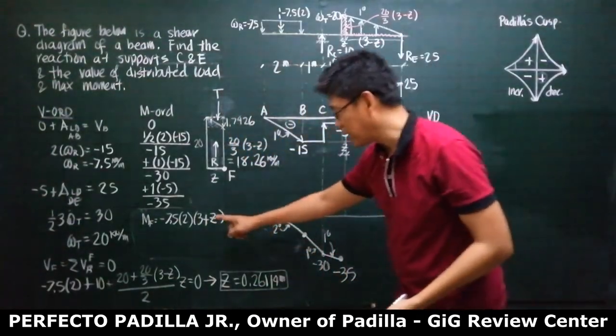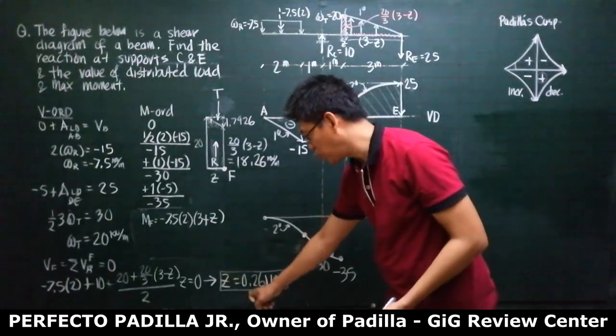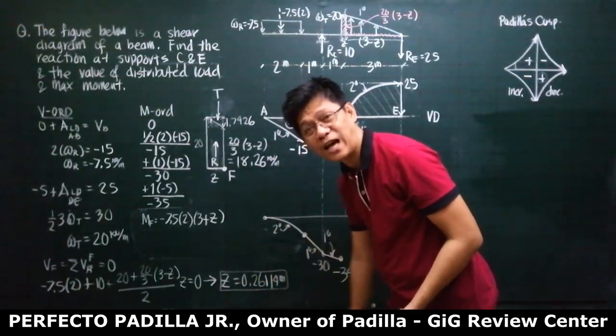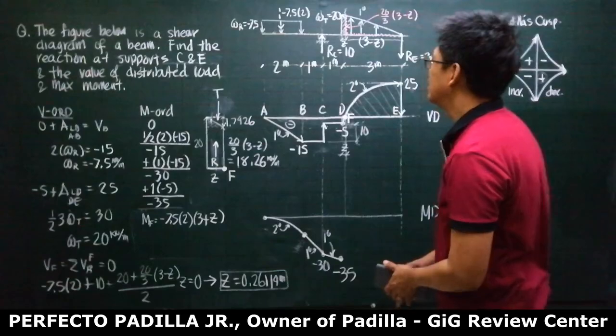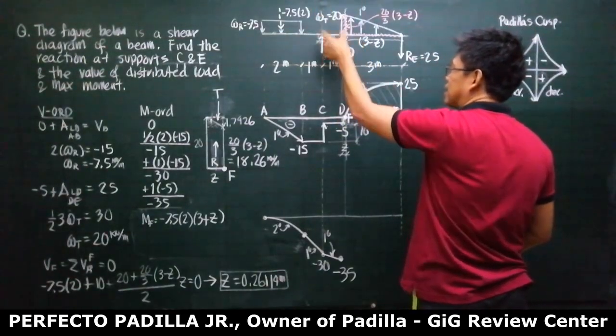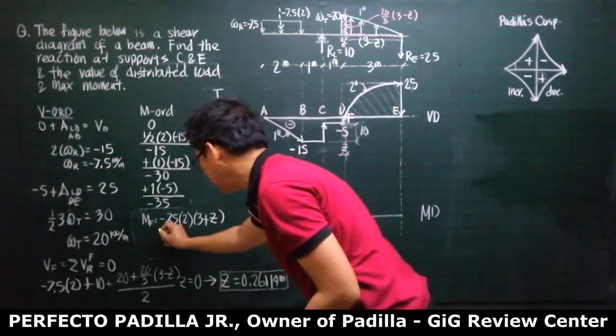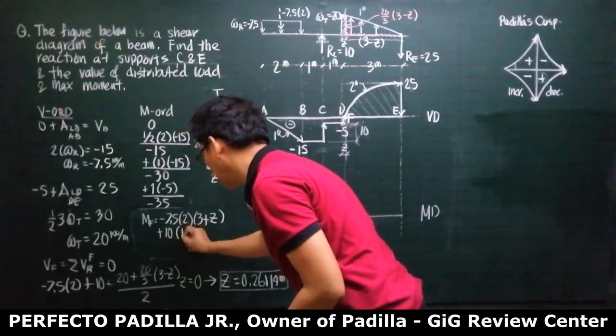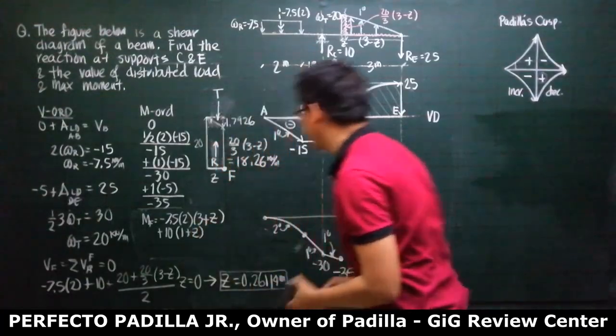So, I will just express it in terms of z. I store this value in my calculator as alpha c. Okay? So, plus the moment due to this, that is 10 times 1 plus z.